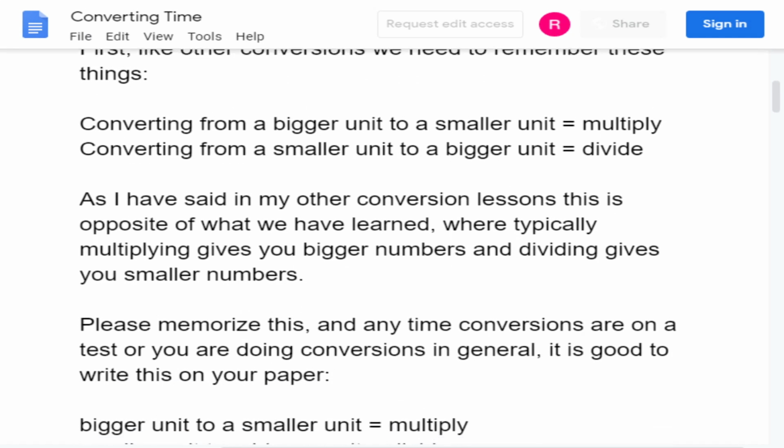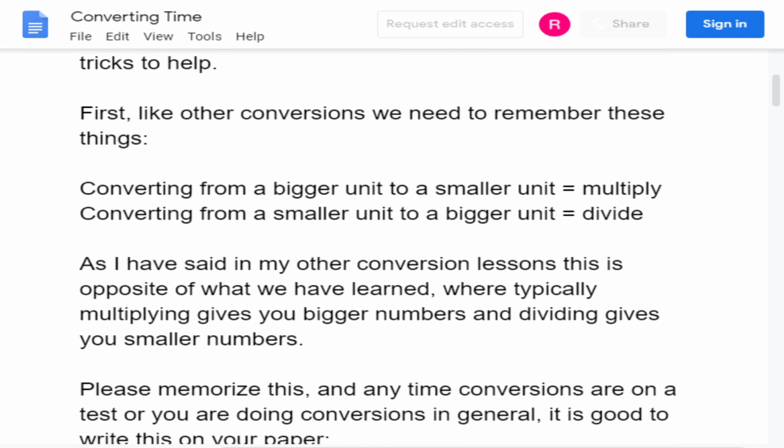First, like the other conversions, we need to remember these things. Converting from a bigger unit to a smaller unit equals multiply, and converting from a smaller unit to a bigger unit is divide. That's the main thing you need to know for conversions. Really, the most important thing.